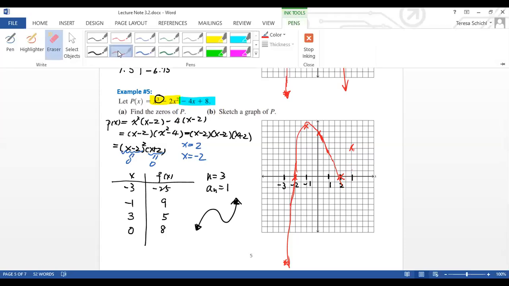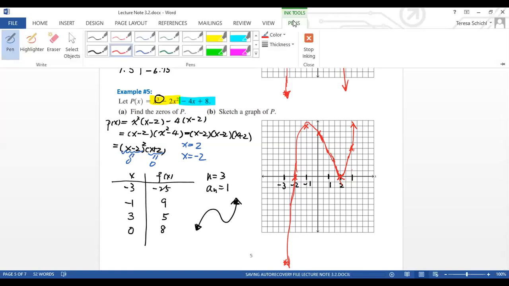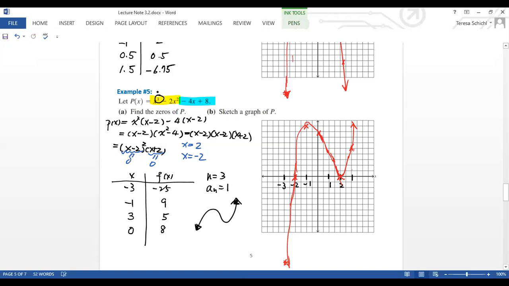So the only way I can do it is I touch the 2, then go up like this. So the 2 has to be tangent at the x-axis. Because you cannot go down. If you go down, you're going to create one more zero here. For polynomials, if third degree, I'm supposed to have 3 zeros, but in here I only have 2 zeros.